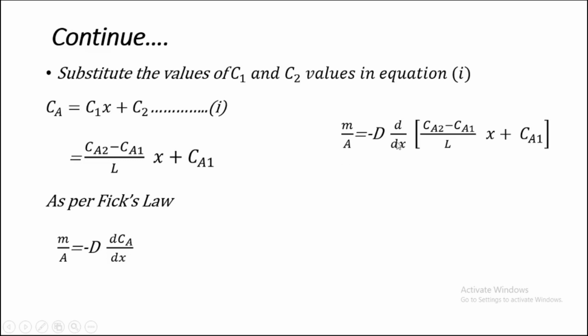Now we differentiate this. Ca2, Ca1, L are all constants, and only x is to be differentiated. So if you differentiate, the final form of the equation is this.